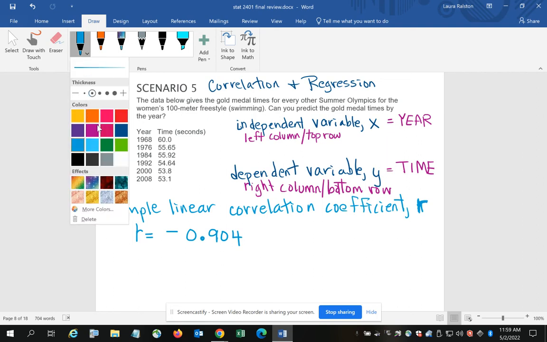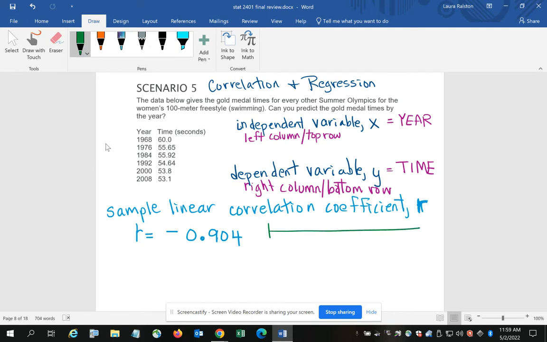Now, a couple of things real quick. I know this video is going to be long. The R value is between -1 and +1. The closer you are to 1 or to -1, the stronger the relationship. Some rules of thumb that you can use: I tend to use 0.3 and 0.7. Between 0 and 0.3, we say it's weak.